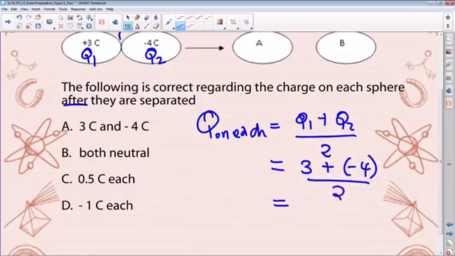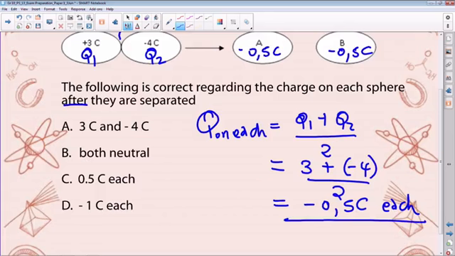The numerator is -1, divided by 2, we get -0.5 coulombs each, right? So they have an equal charge. When they are separated, each one of them will be -0.5 coulombs. If you look at our answer, then C is the most appropriate answer in this case.